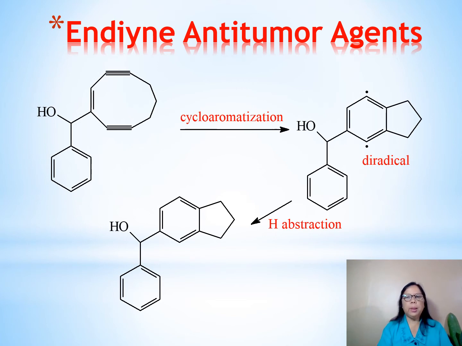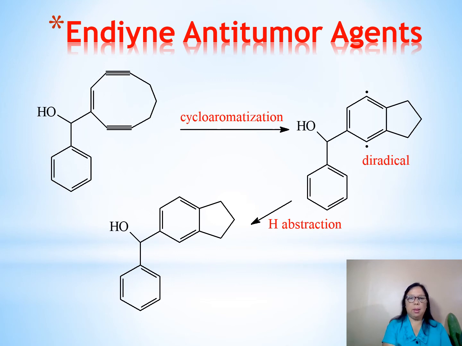So what cycloaromatization did here is the formation of the bond here, the formation of the bond here, but leaving one electron each. So in complete abstraction, those electrons reacted with another compound, leaving this structure.